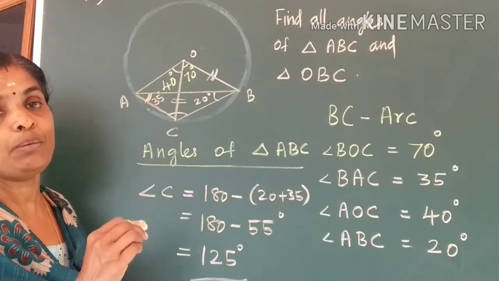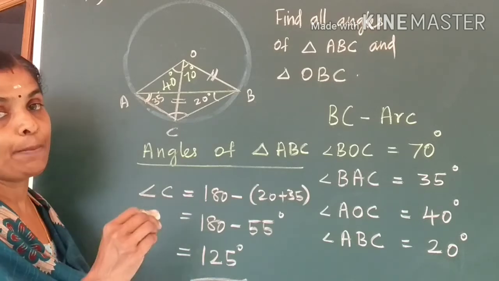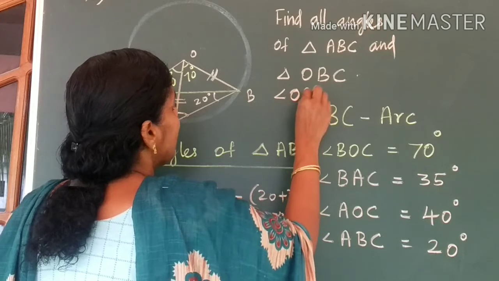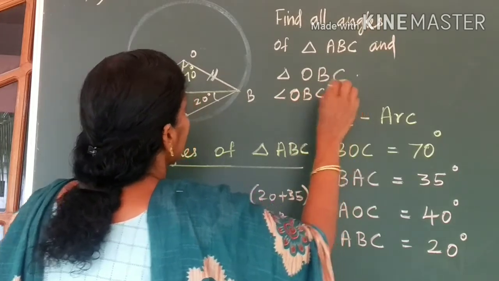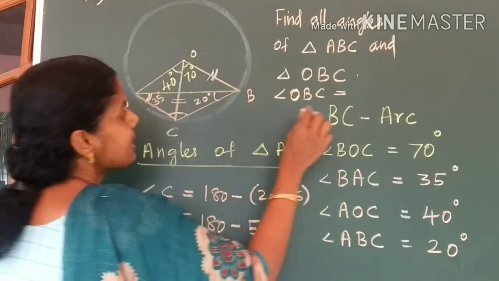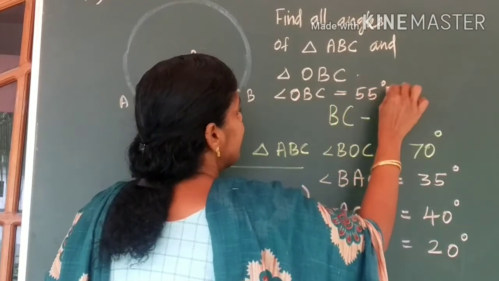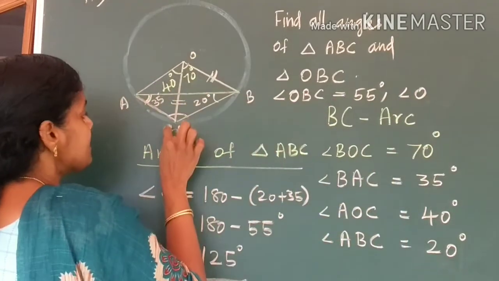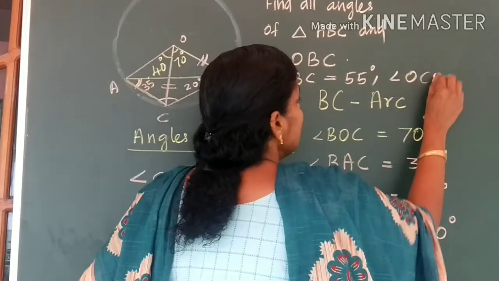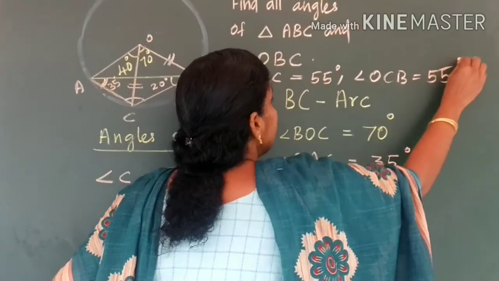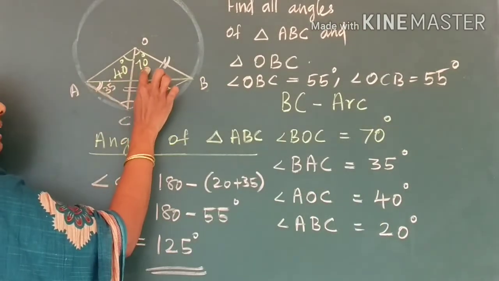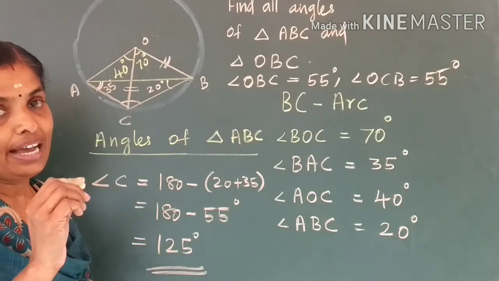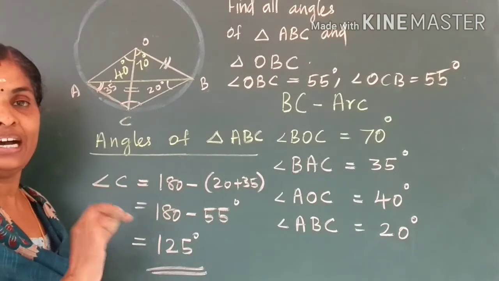So 110 by 2, 55 degree. So we can write angle OBC is equal to 55 degree. Angle OCB is also equal to 55 degree. Third angle is given for us to be 70 degree. Children, I am sure you understood the idea.